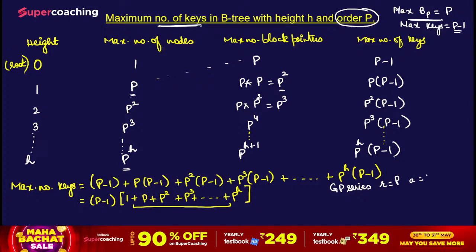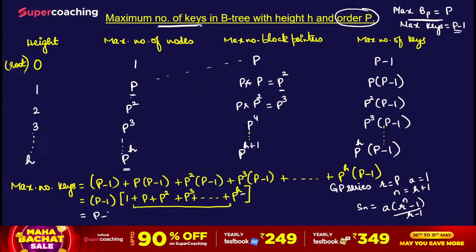First term of the series is 1, and the number of terms in the series, starting from raised to power 0 and going till h, means h plus 1. Formula for this series is S of n equals a into r raised to power n, n being the number of terms, minus 1, upon r minus 1. Just substitute that here.